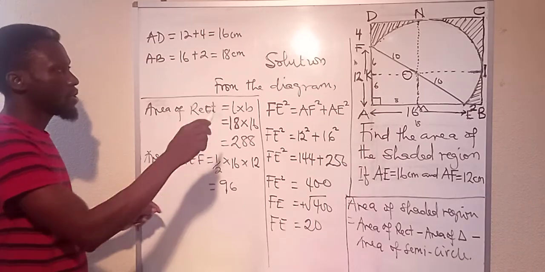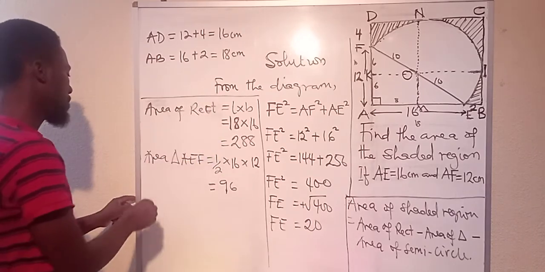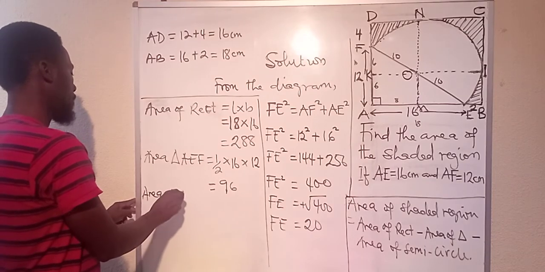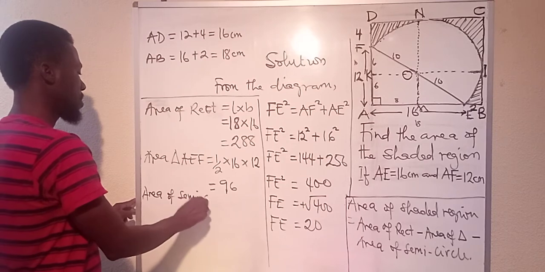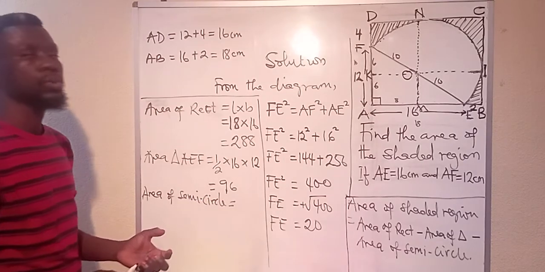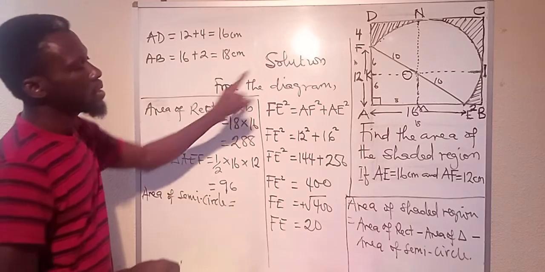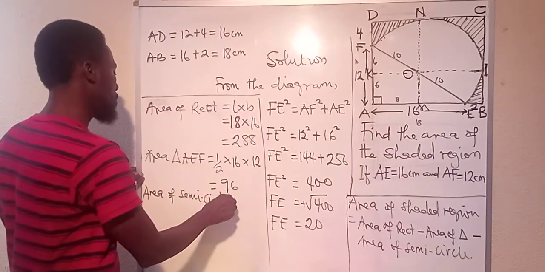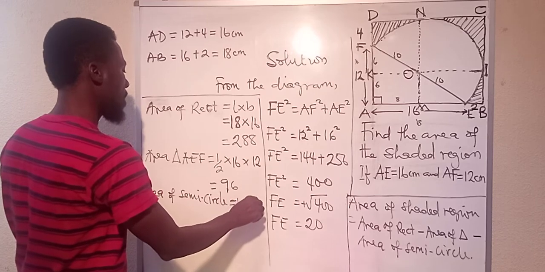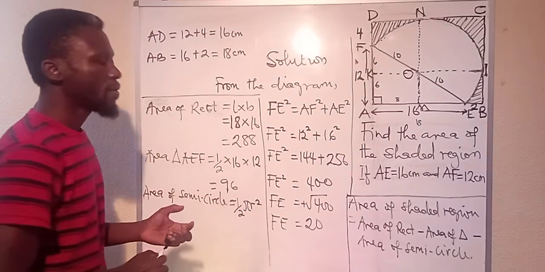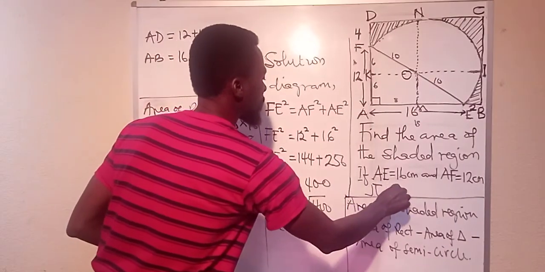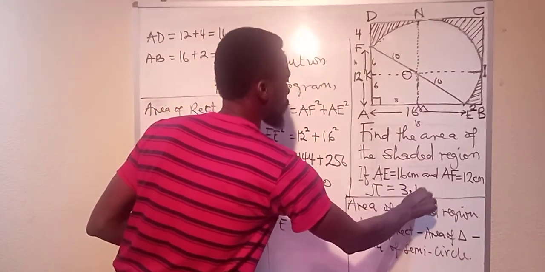Then let's find the area of the semicircle. The area of the semicircle will be equal to, this is a semicircle, so it's going to be half pi r squared. And remember, in the question originally, we were given pi to be equal to 3.142.